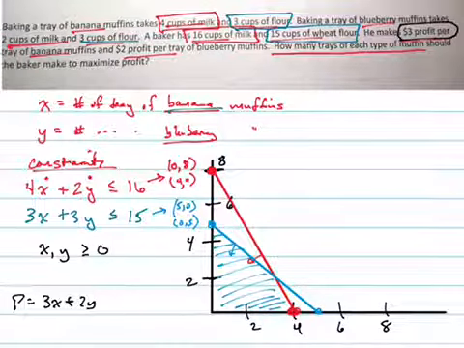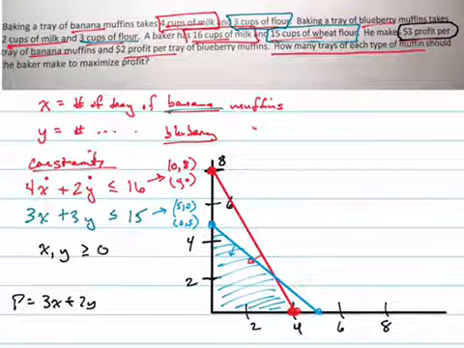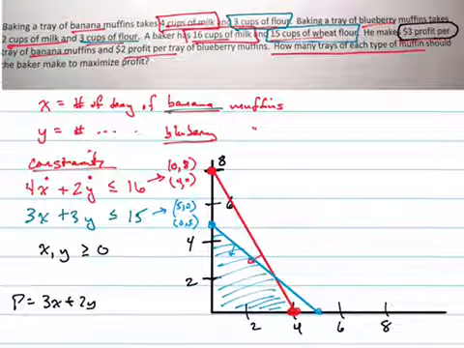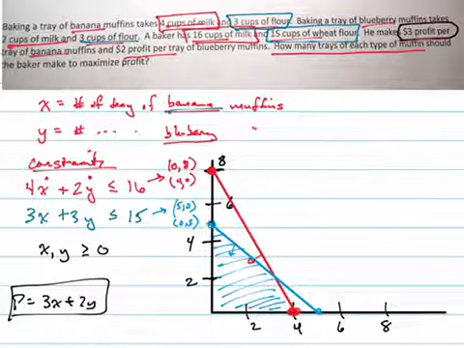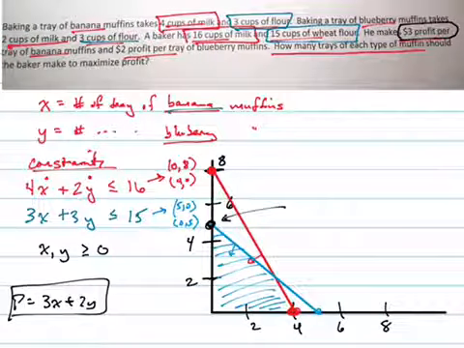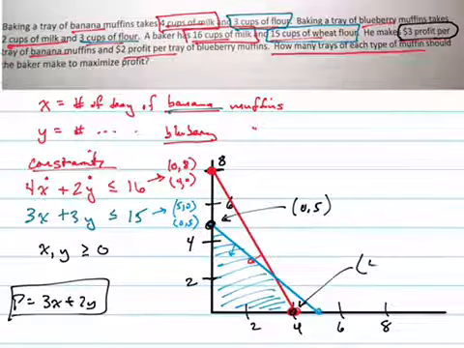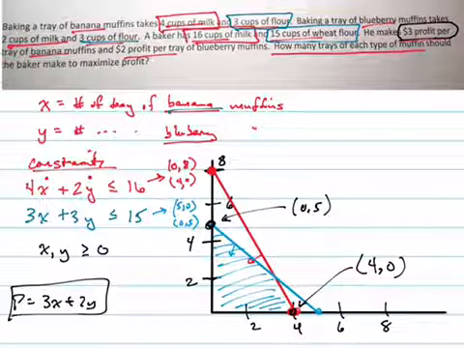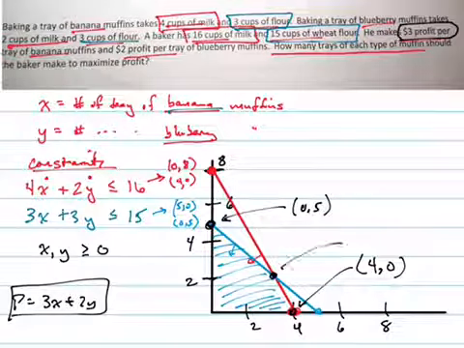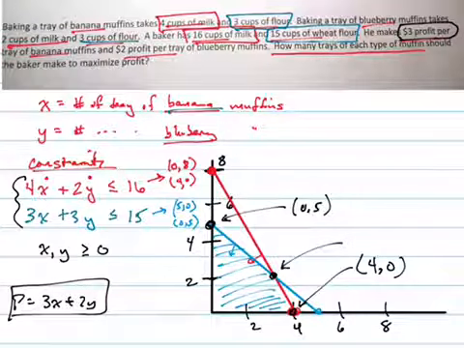So I only really have 3 points to worry about. The points that I have to check in my profit equation are this point here, which is clearly 0, 5, this point here, which is clearly 4, 0, and this point right here, which I need to solve for by solving this system of equations.